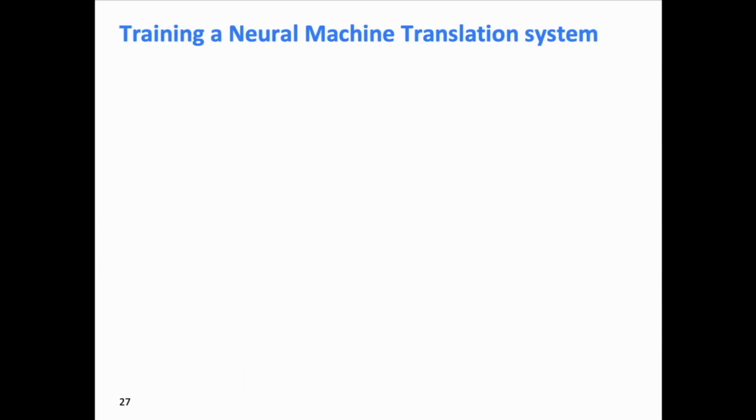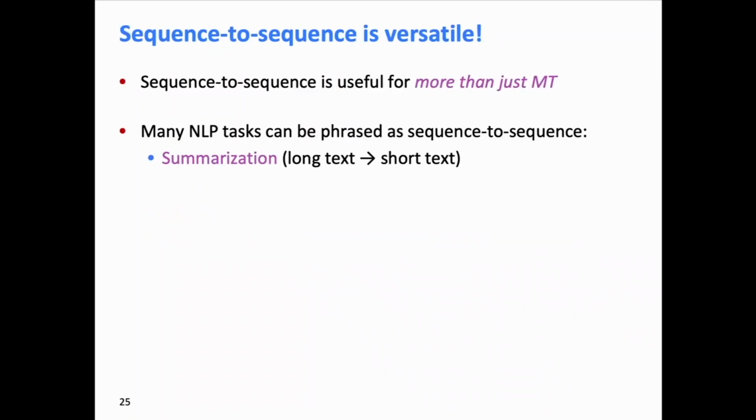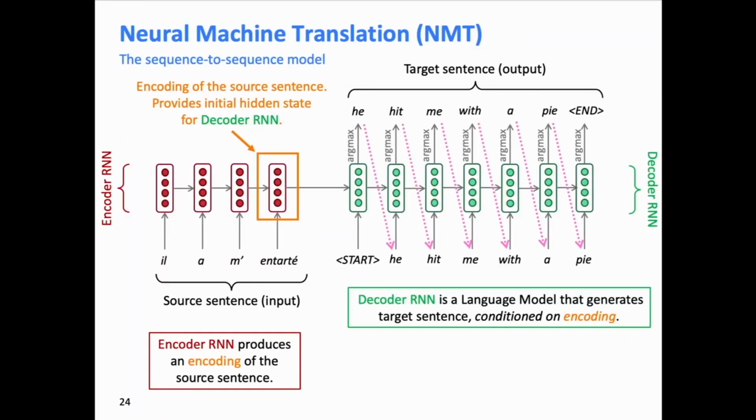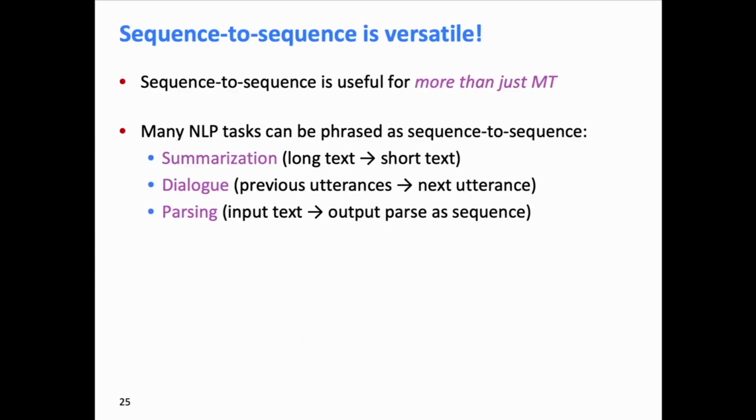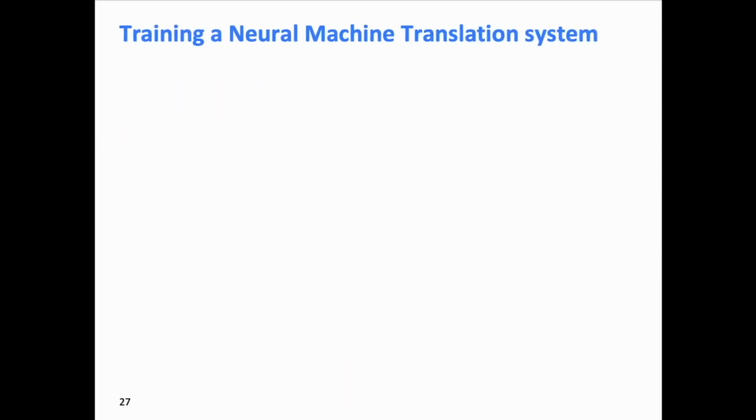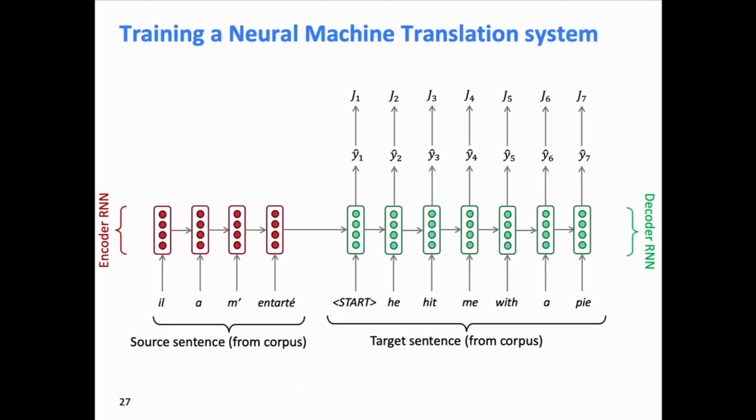At test time, we have this picture where you feed the token back in. So in that scenario, once you produce end, you have to stop because you can't feed end in as the input on the next step. But in training, you don't feed the thing that you produced into the next step. During training, you feed the target sentence from the corpus, the gold target sentence, into the model. So no matter what the decoder predicts on a step, you don't use that for anything other than computing loss.